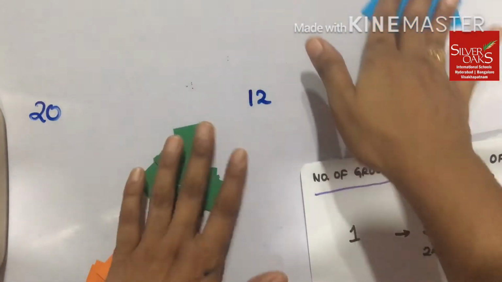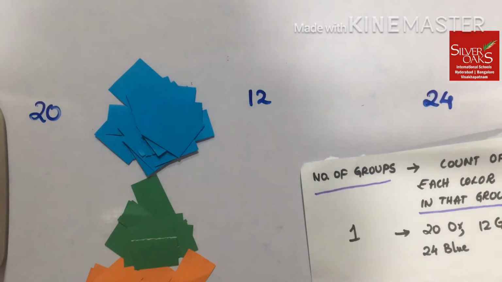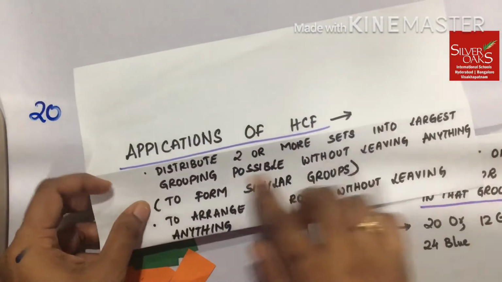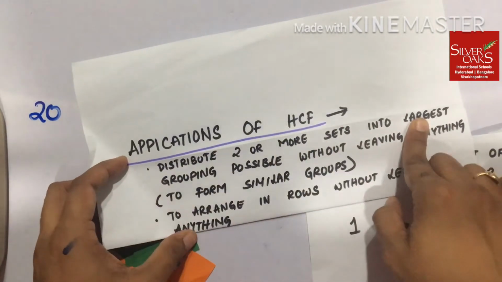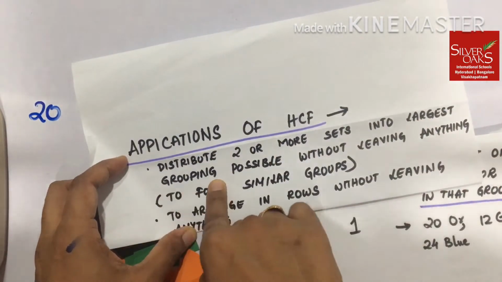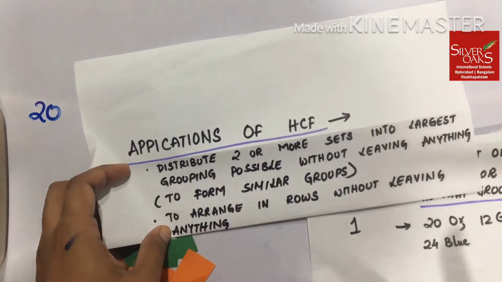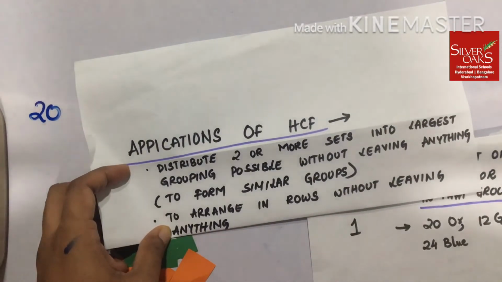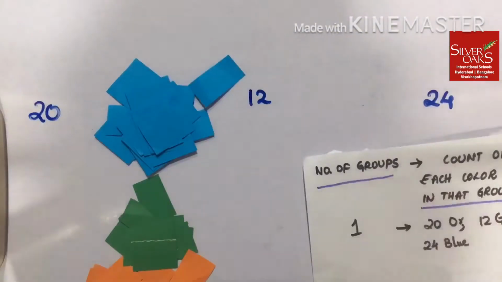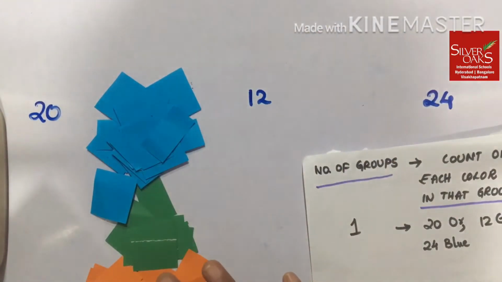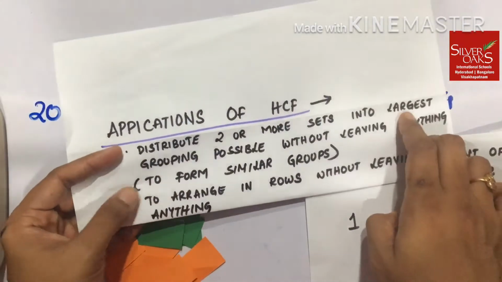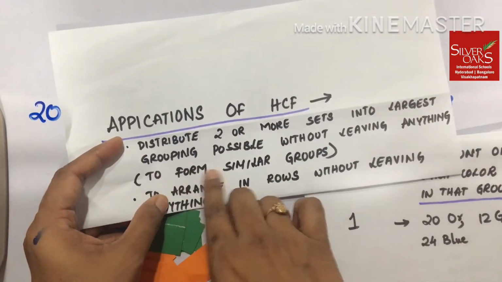Maybe like this. But if you can recollect, when we want to have the largest grouping possible, that means you are looking for the maximum number of groups possible without leaving anything behind. In this way of distribution also you did not leave anything behind, but we did not satisfy the condition of finding the largest number of groups possible.